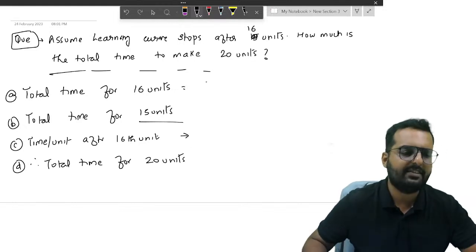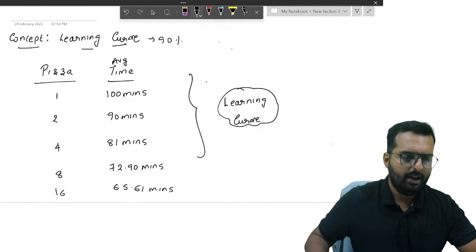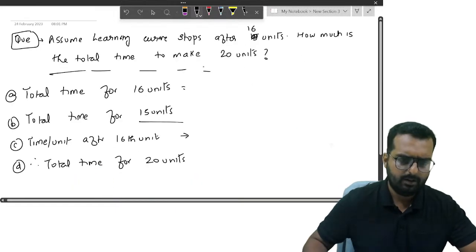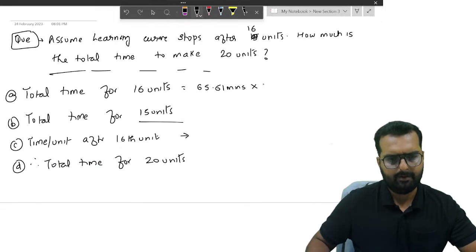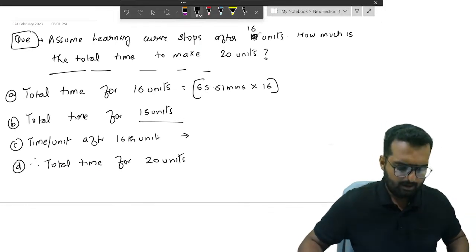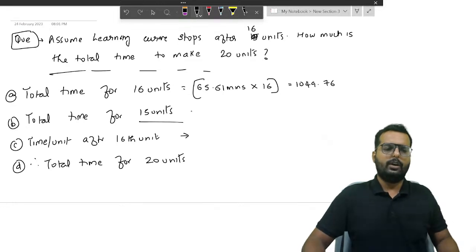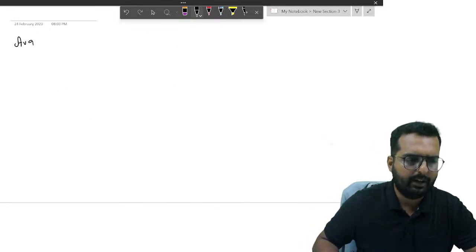For 16 units, it's very easy to find the total time. We have already got the number as 65.61 into 16, and I get the answer as 1049.76. In order to find this, I need to find out the average time for 15 units.